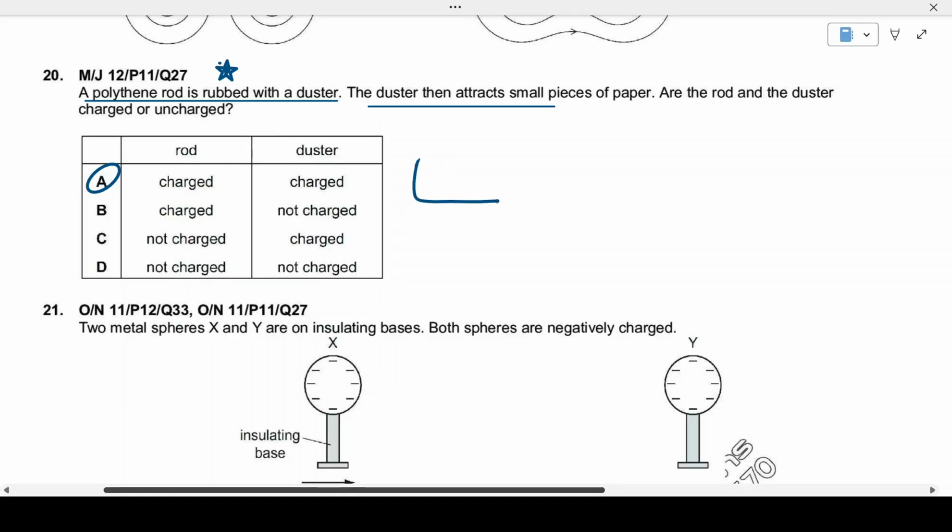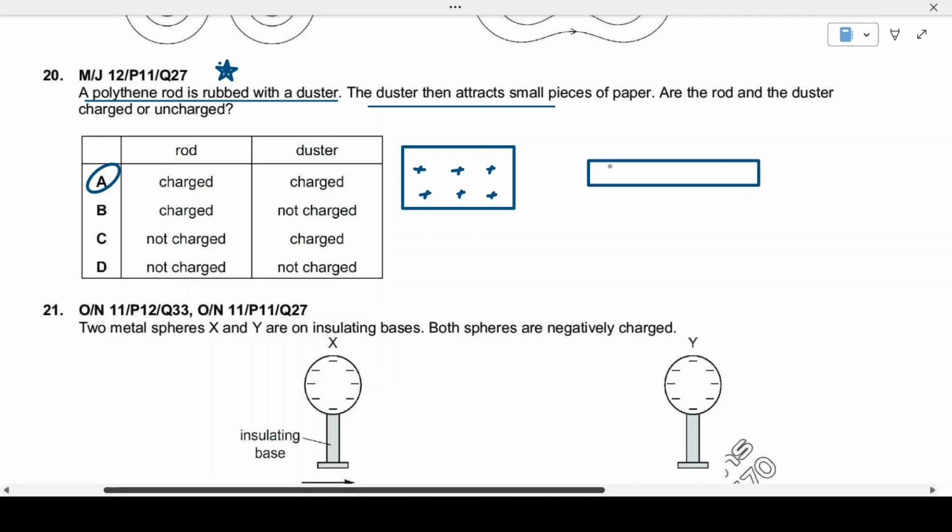Let's say, we don't know, but let's just assume the duster is positively charged. Then by the method of friction, the polythene rod must be negatively charged. So if the overall charge on the duster is +6, the overall relative charge on the polythene rod should be -6.